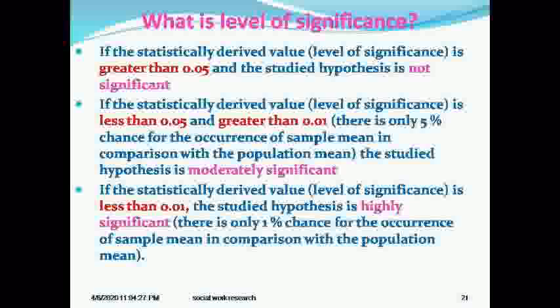Now, in the last case, the statistically derived value or the level of significance is less than 0.01. The studied hypothesis is highly significant, which means there is only a 1% chance for the occurrence of the sample mean in comparison with this population mean.